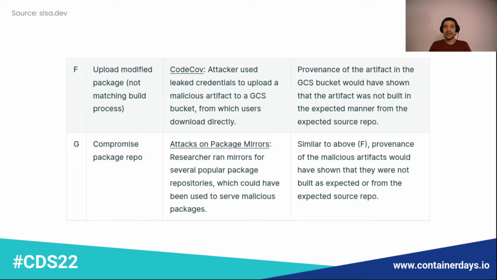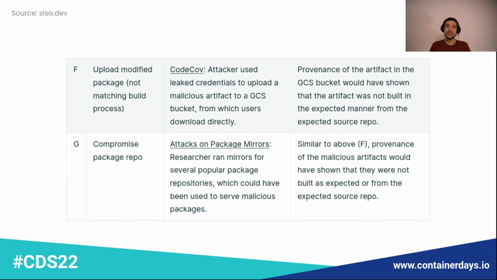And then we have the attacks that happen on package mirrors. Someone started running mirrors of several popular package repositories, and they could have been used to serve malicious packages. Users could not verify at this point that they were not trusted packages. So similar to the previous example, a provenance check of these artifacts could have prevented this attack.